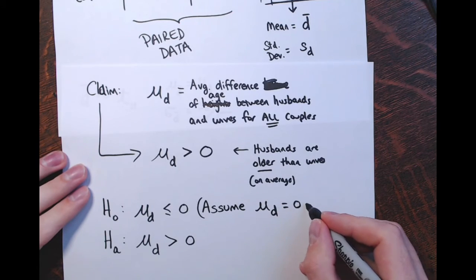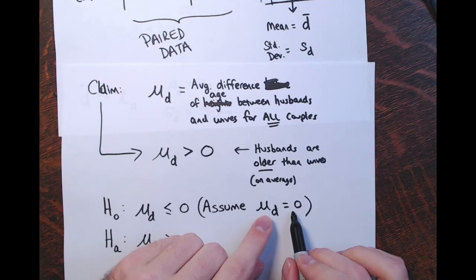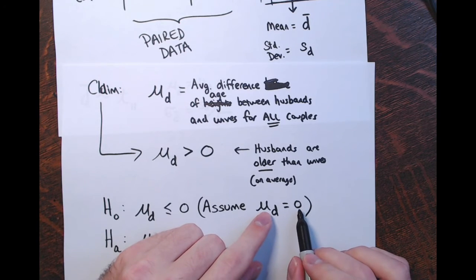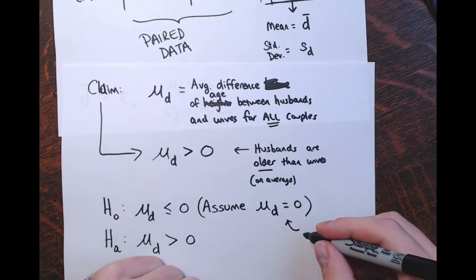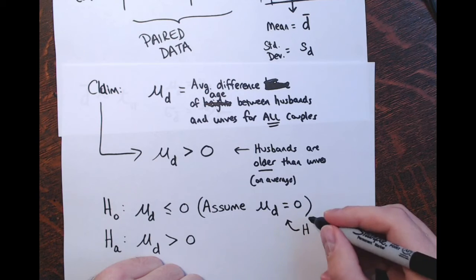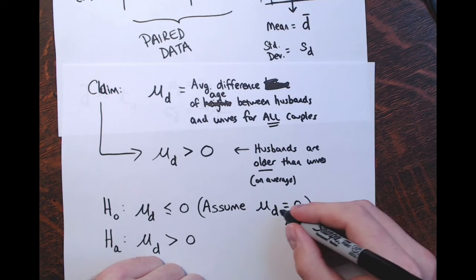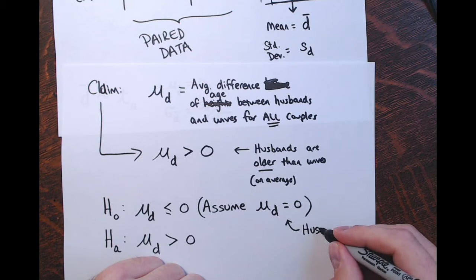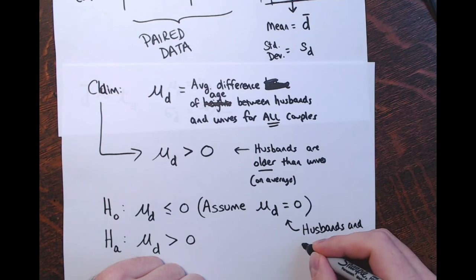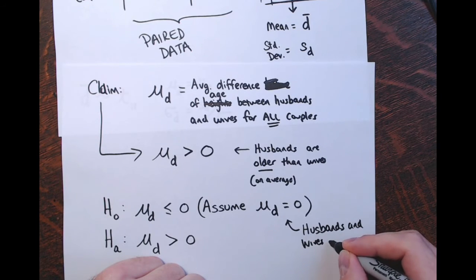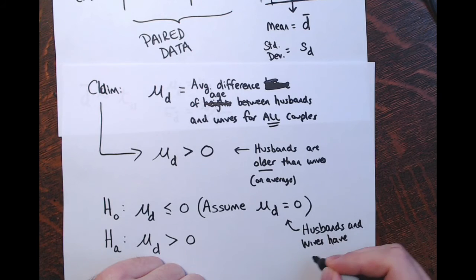equals 0. Now this statement, mu d equals 0, this would be that husbands and wives are the same age on average. They have no difference in age, right? Their average difference is 0. So this would be the statement that husbands and wives have the same age on average.